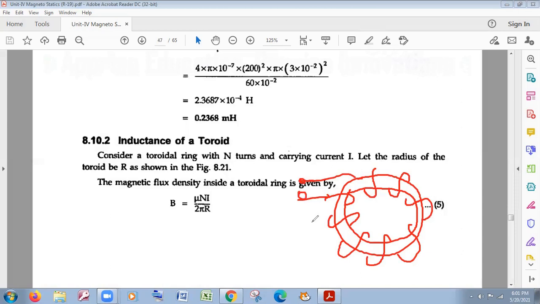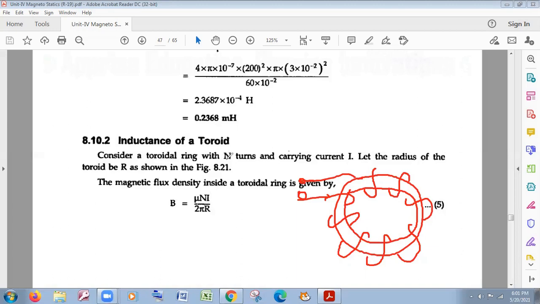Its circumference is 2 pi r. The magnetic flux density inside the toroid ring is B equal to mu N I by 2 pi r.